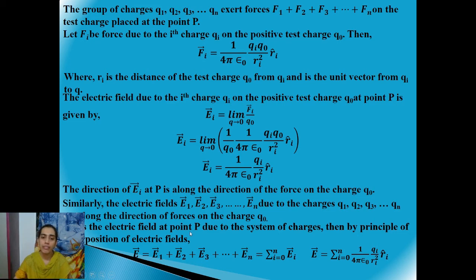These are the electric fields due to the system of charges Q1, Q2, so on up to Qn. Expressed simply, it is the summation of i equals 0 to n of vector Ei. Substituting the value of vector Ei, which we have already determined over here, you will get the final expression for the electric field intensity due to system of charges.